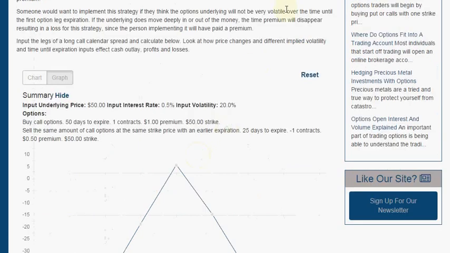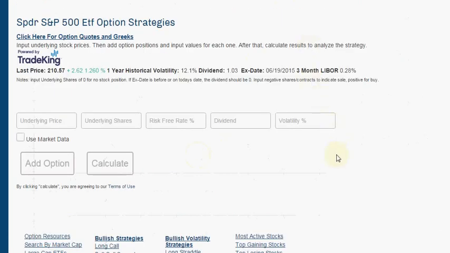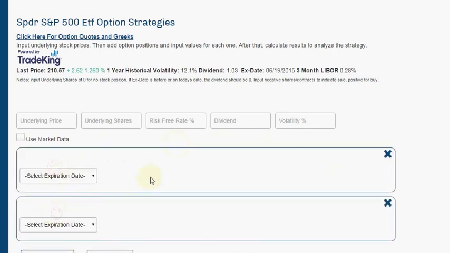Now, what I'd like to do is look at an actual mock-up example of this, and we're going to look at the S&P 500 ETF, the SPDR S&P 500 ETF. The underlying symbol is SPY, and we're going to see how this plays out for that particular option contract. Let's see, the SPDR S&P 500 ETF closed at 210.